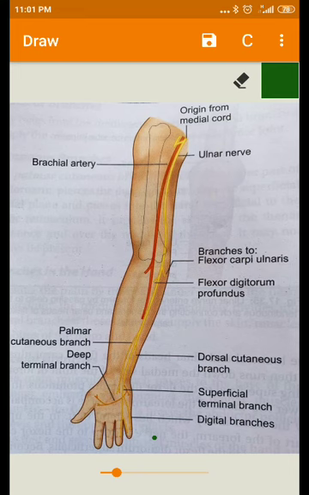Now we will see the ulnar nerve, its roots, its cords and its branches. As you know, the ulnar nerve comes from the medial cord.